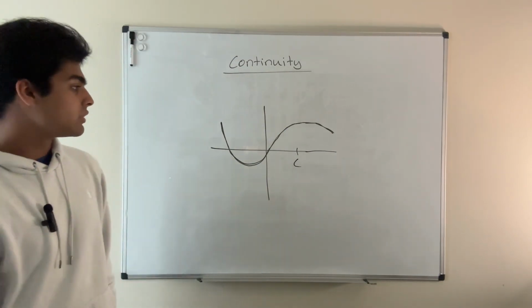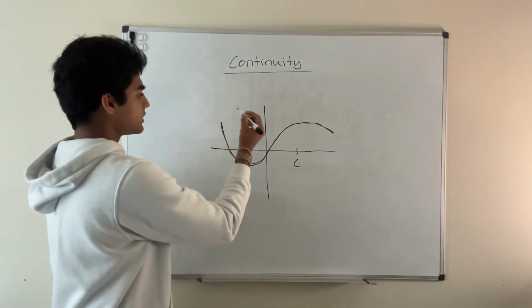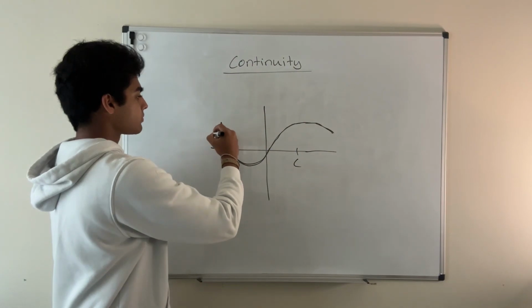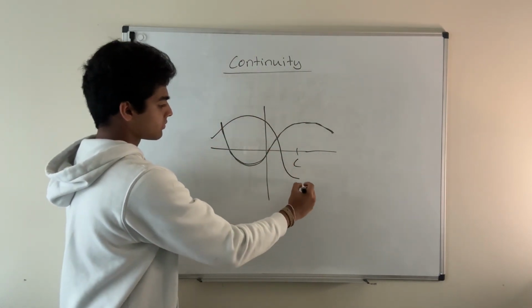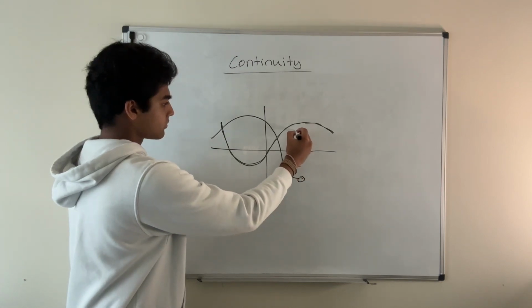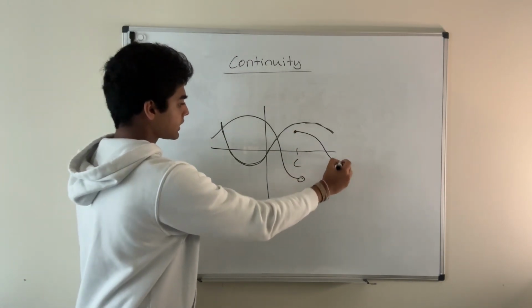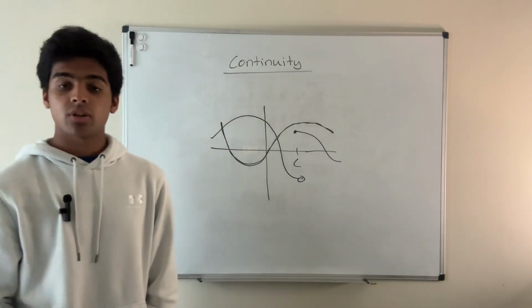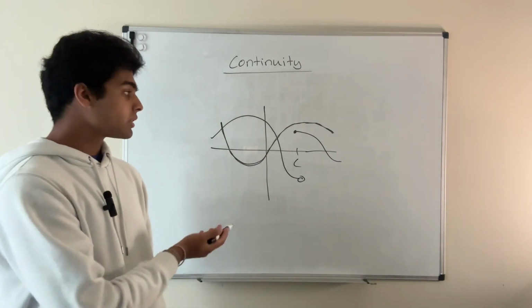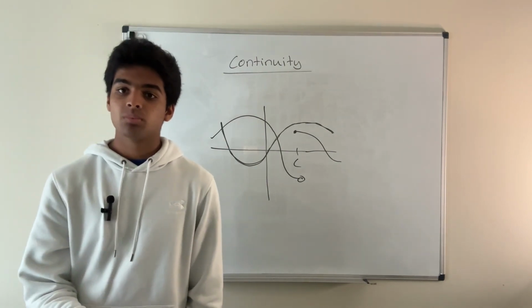Now let's look at a different function. Suppose we had the function like that. Now as you can see, I did pick up my marker in order to draw that function. So that function is not continuous at the point C.